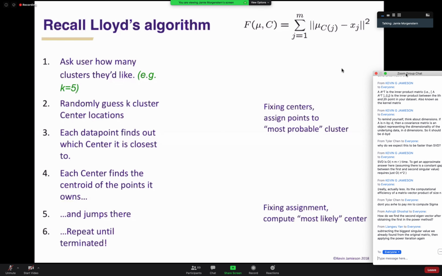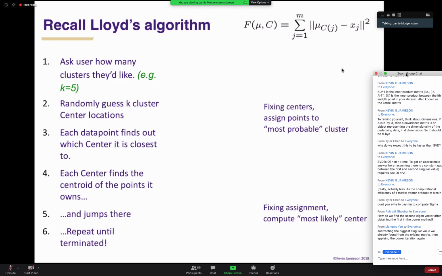What Lloyd's algorithm does is fix centers and assign points to, and I'm putting this in quotes because it's a wishy-washy statement, the most probable cluster given the centers. Then, fixing those assignments, it computes the most likely center. Both of these statements have to do with some likelihood function which I haven't defined, but bear with me.